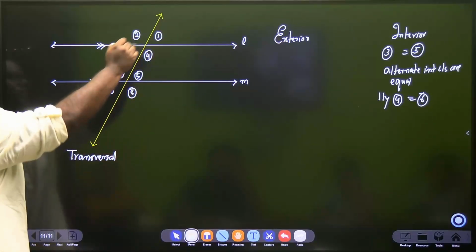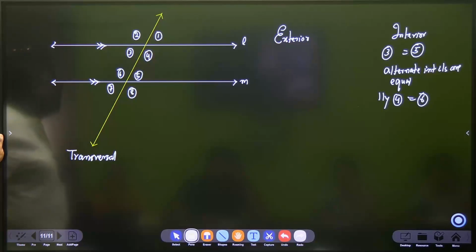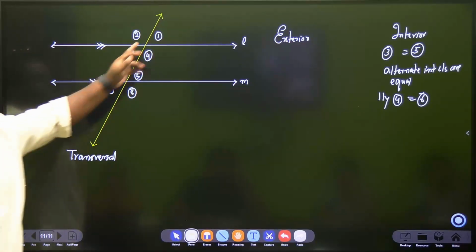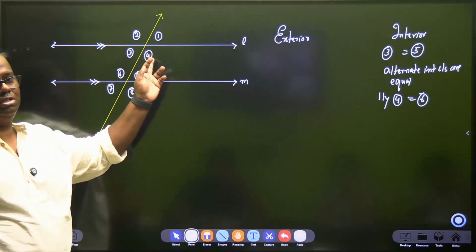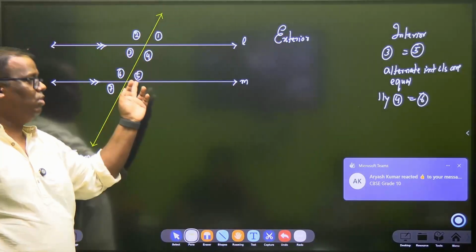Vertically opposite is 1 and 3. 1 and 3 are vertically opposite, and 2 and 4 are vertically opposite. Something you're missing. 1 and 4 will add up to 180. That's fine, but how do you find that this is equal to this?